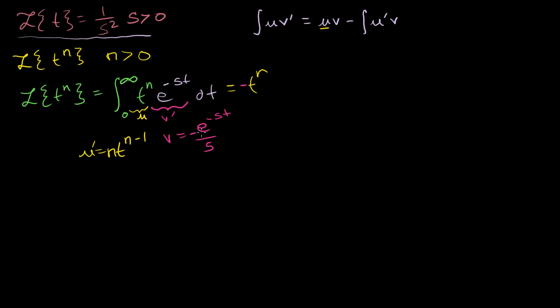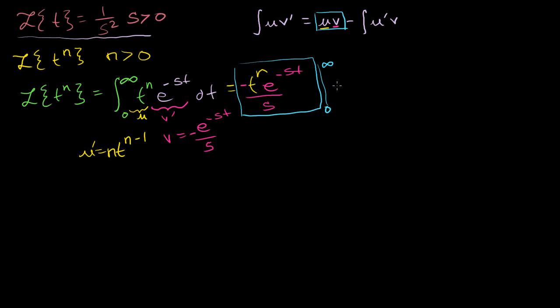Minus, I'm just rewriting this, e to the minus st over s. And so that's the uv term right there. And of course, I'm going to have to evaluate this from 0 to infinity. So let me write that, 0 to infinity. But we're going to have to evaluate that.